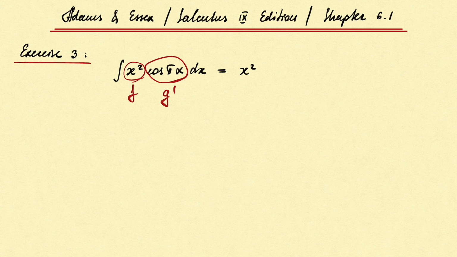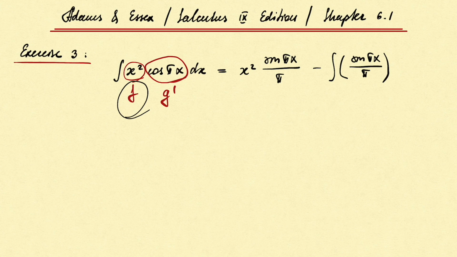What's that? It will be sine of pi x divided by pi, right? Because its differentiation will give us cosine of pi x. Alright, minus, we already have sine pi x over pi in our hands. What we add is the derivative of x squared, f prime, which is 2x dx.